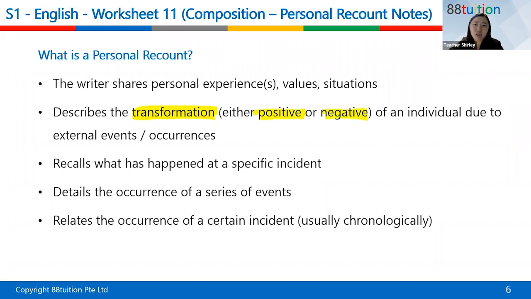Now, if there aren't any changes in moods or feelings or even perspectives, then it's very boring, right? It's supposed to follow the organization of a narrative. There should be a rising action, a climax, a falling action as well.